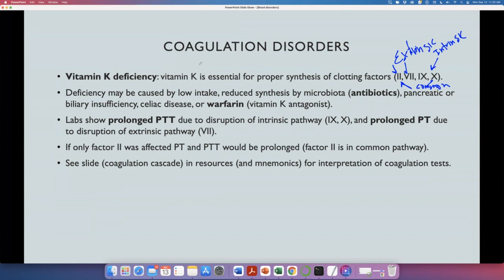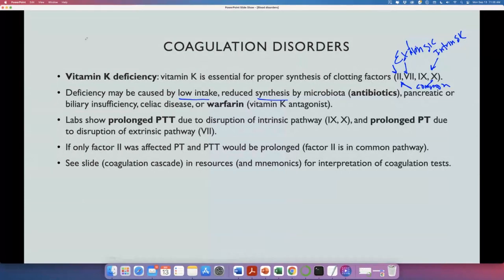How do people develop vitamin K deficiency? Low intake, low synthesis. For example, people taking long-term antibiotic therapy, or people with deficiency in the absorption of vitamins.